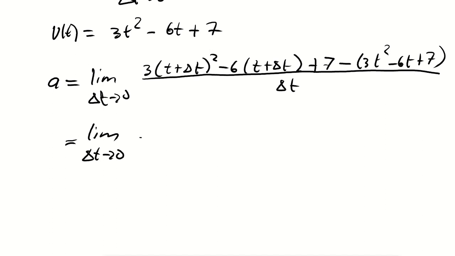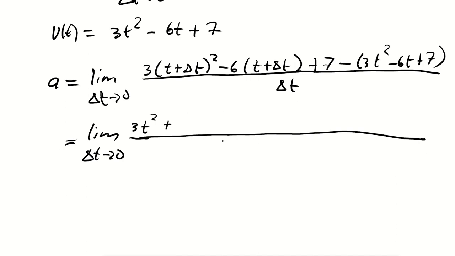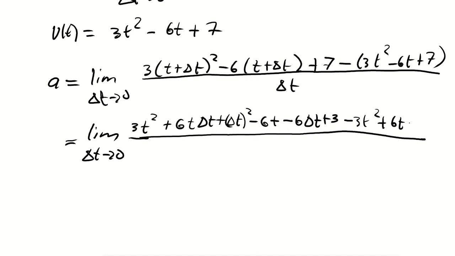So what do we have here? Expand this again. So this will be 3t squared plus 3 times 2, 6t times delta t plus delta t squared minus 6t minus 6 delta t plus 7. Then minus 3t squared plus 6t minus 7 all over delta t.